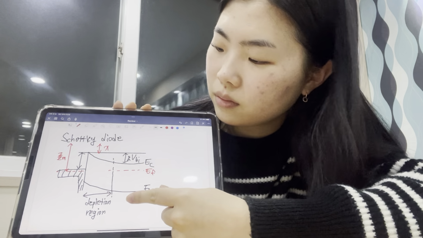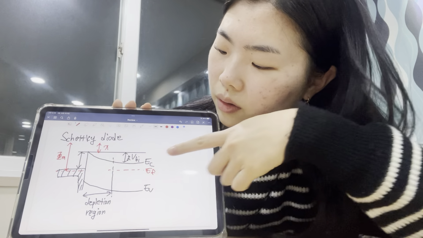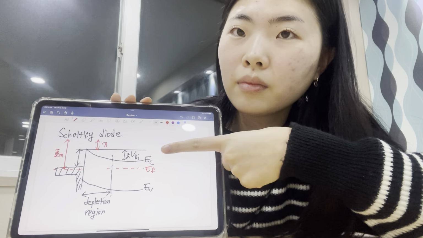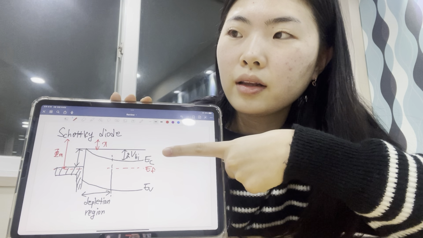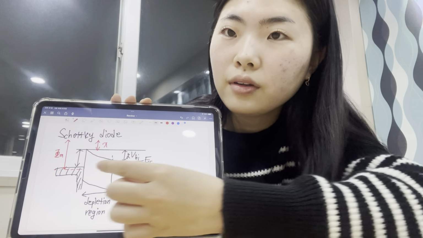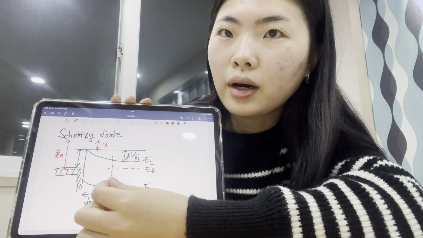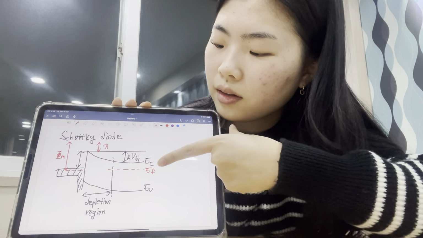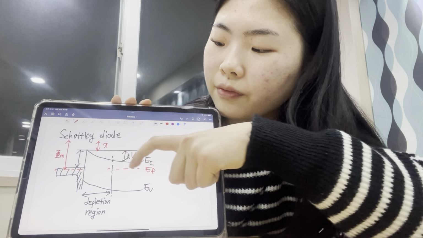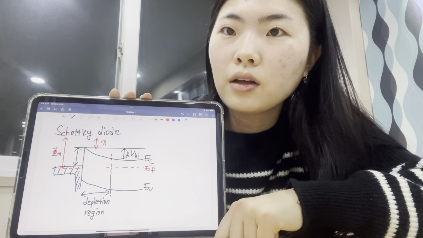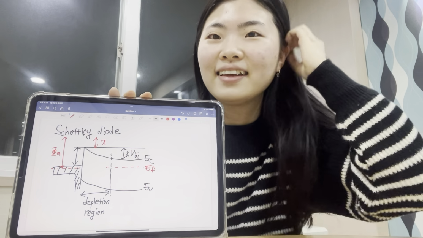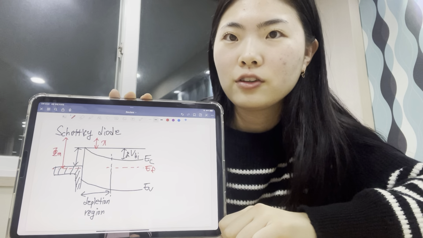The Fermi level is higher before they meet. However, after the metal and semiconductor combine together, the Fermi level will be lower than before, and the graph will curve like that. So this is the main important thing of this Schottky diode.